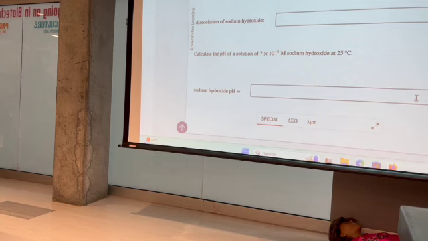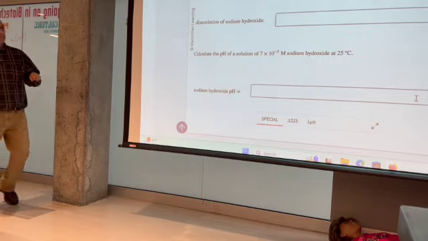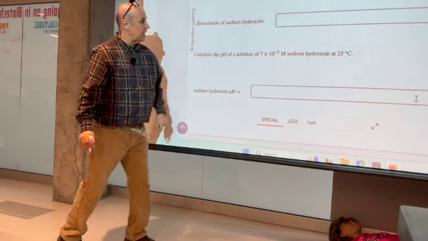So one way of solving this problem would be to say, okay, I don't have the concentration of H+, but I have the concentration of OH minus. Because this is a strong base, I know that I can do that. So pOH equals negative log of the concentration of OH minus, which in this case is pOH equals negative log of 7 times 10 to the negative 5.